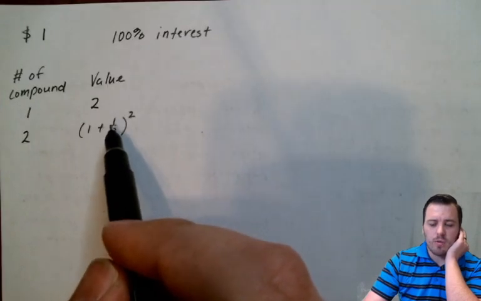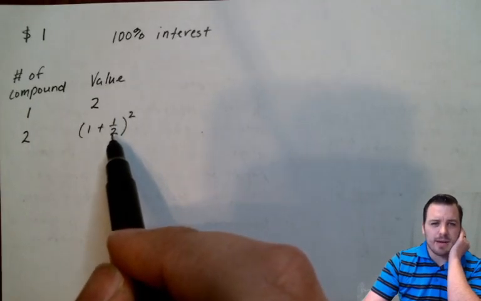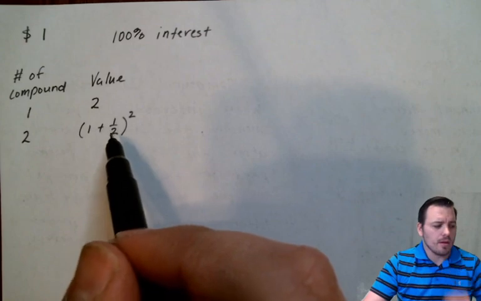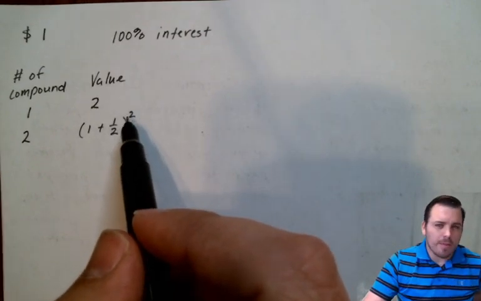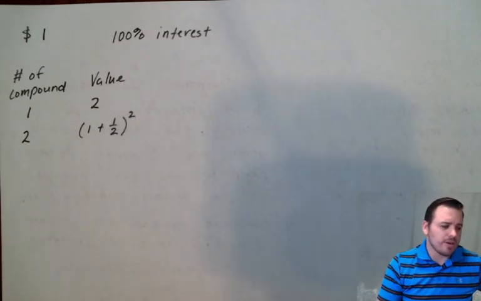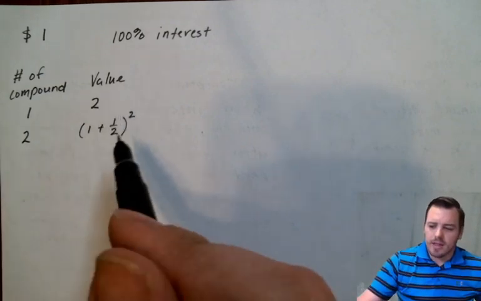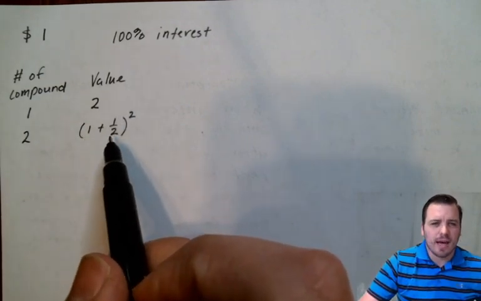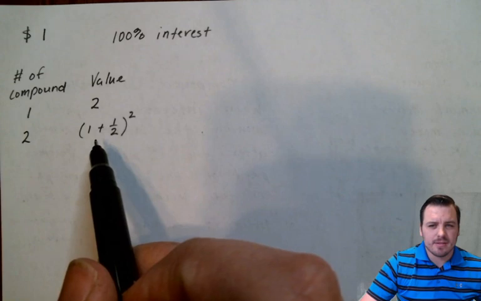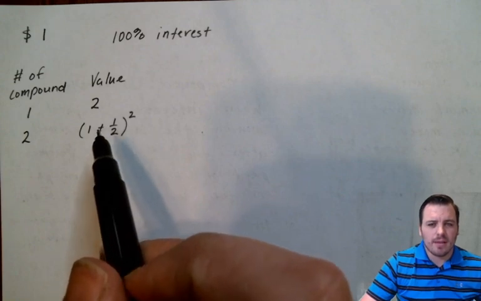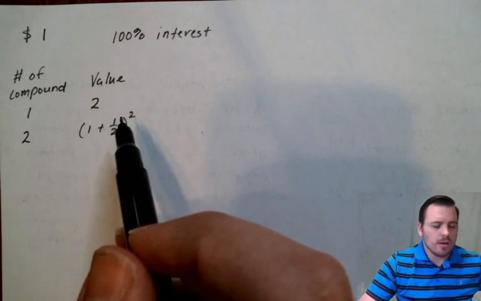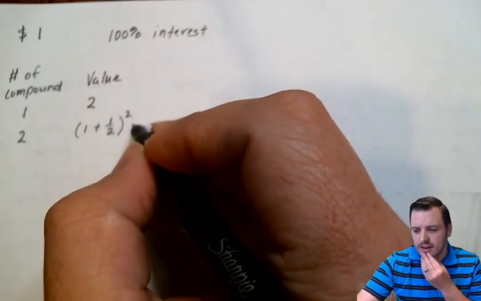So 1, our rate, over how many times it's compounded, right? And then the number of compounds times the time, but we're not including time as a factor here. So that's 1 plus 1/2, which is 3/2. And then 3/2 squared would be 2.25.